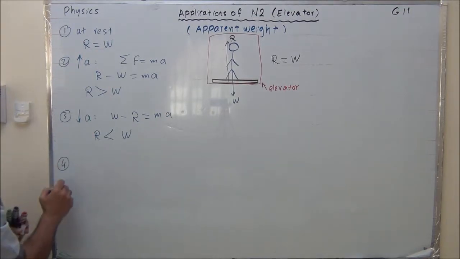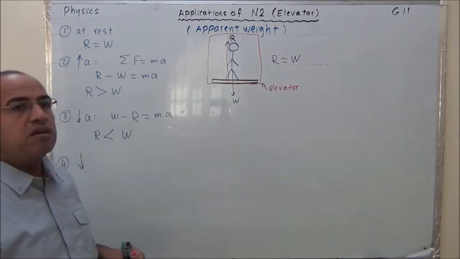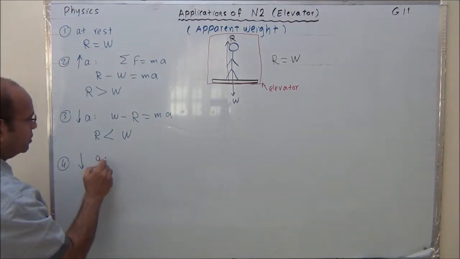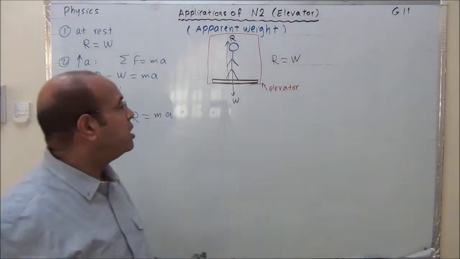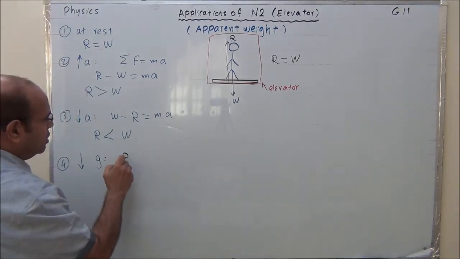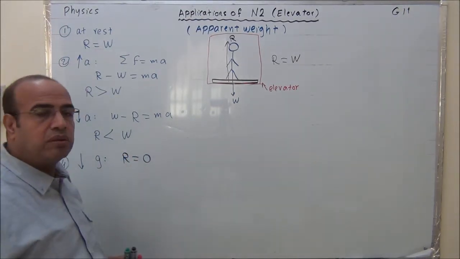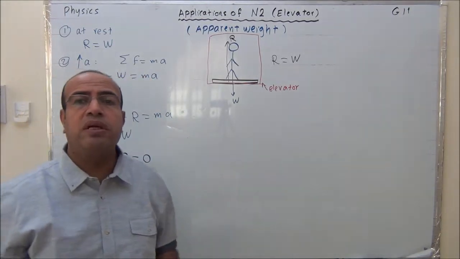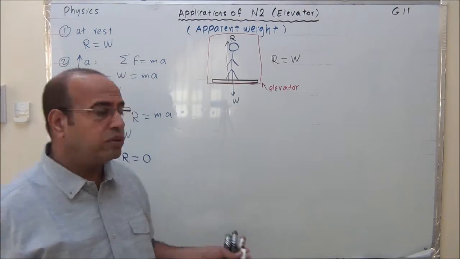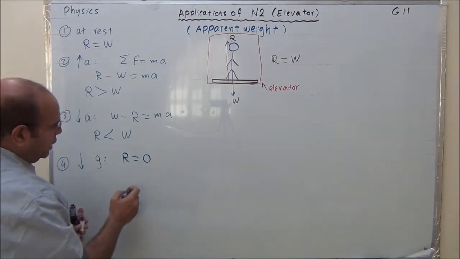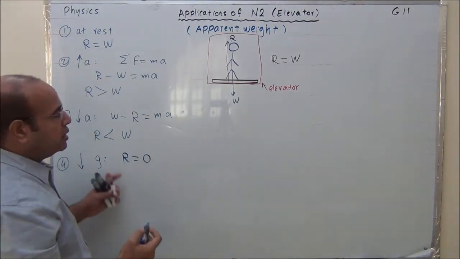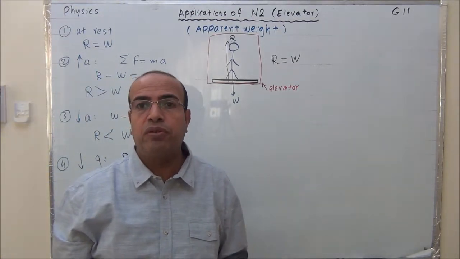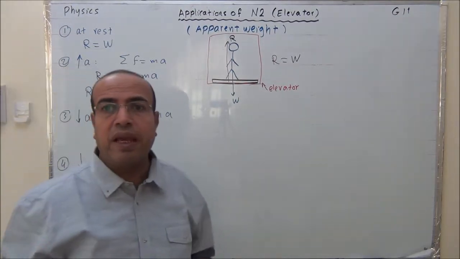The fourth case, if the elevator falls down with acceleration g, R equals 0. This case is called weightlessness, so the apparent weight equals 0. Those are the four cases.